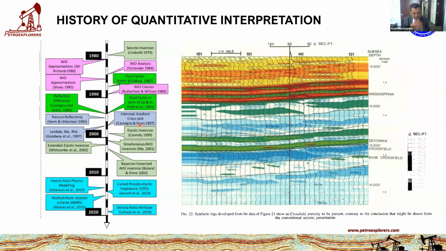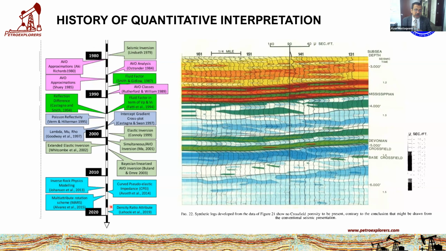But the basic solution remains quite simple, as well as going into the complexity of how the data could be acquired better. All things have changed with time, with 3D and various azimuth acquisition and many other things. But let's go with the deterministic quantitative interpretation.